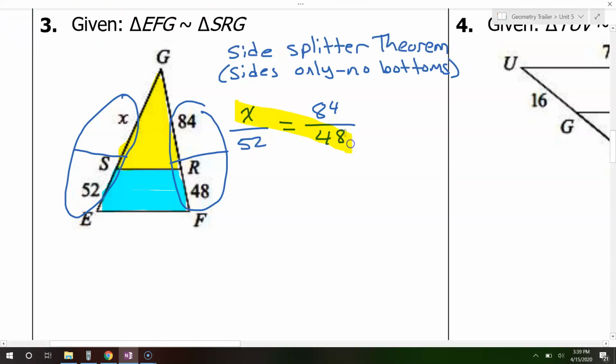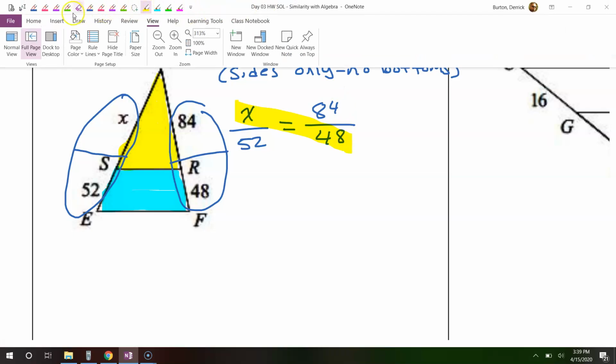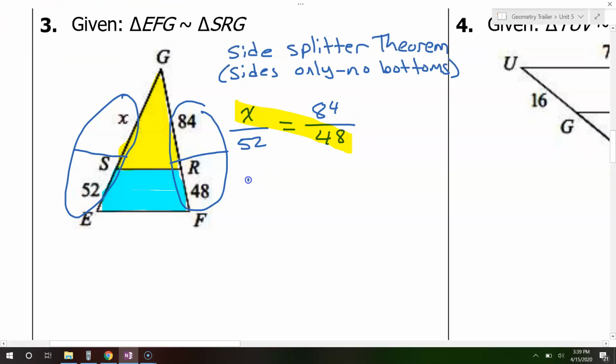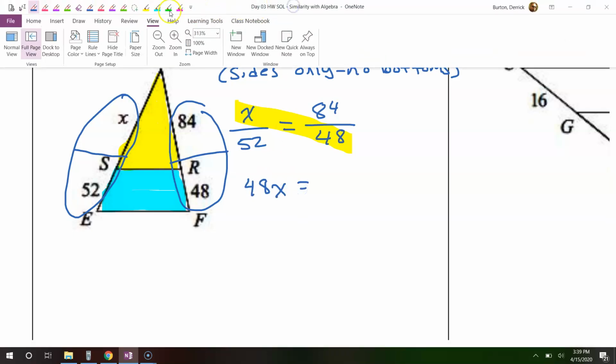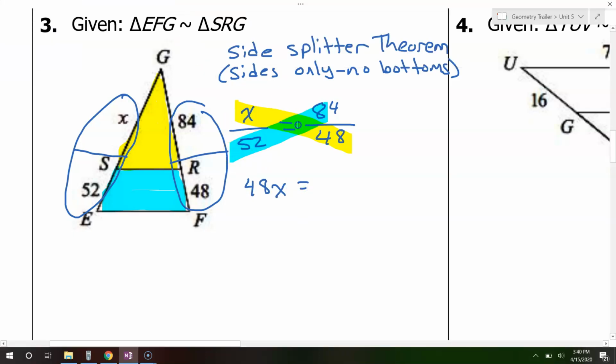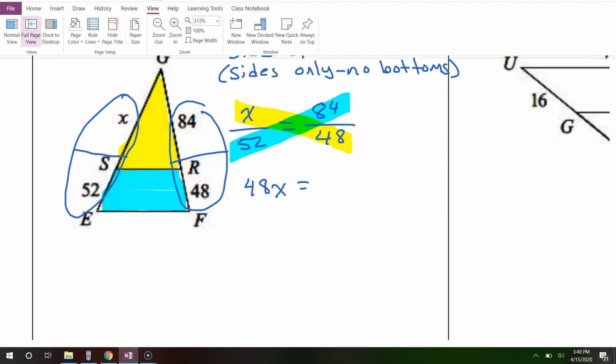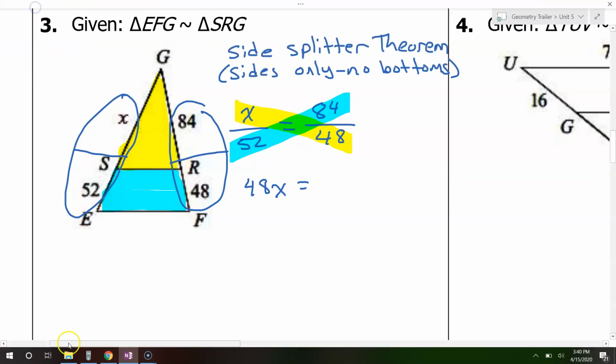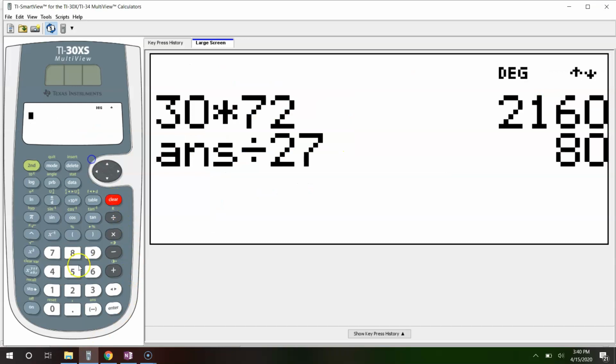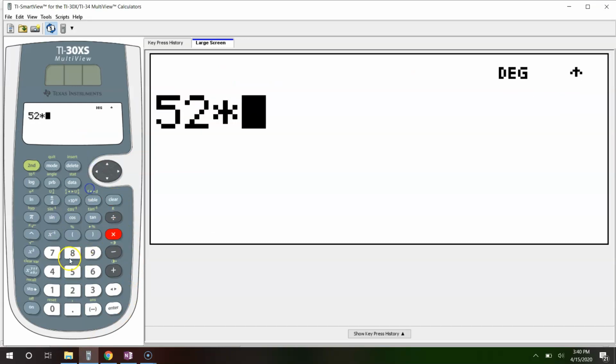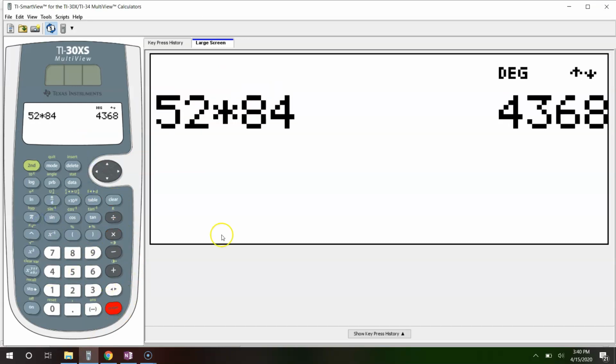We will multiply the down diagonal, which will be 48x, and then we will multiply the up diagonal. So 52 times 84, 4,368.